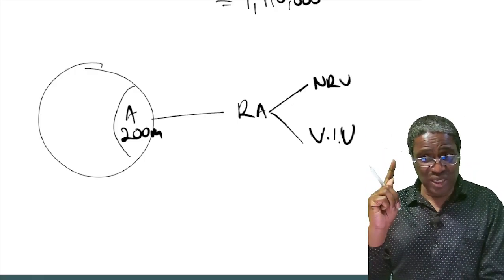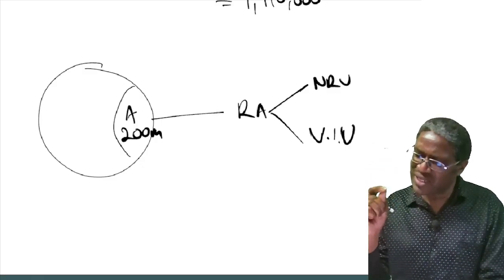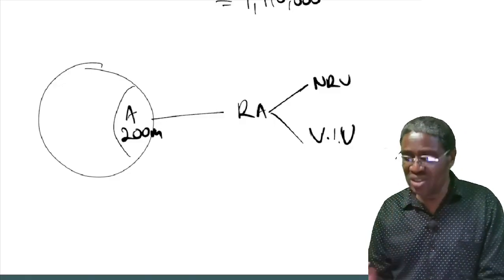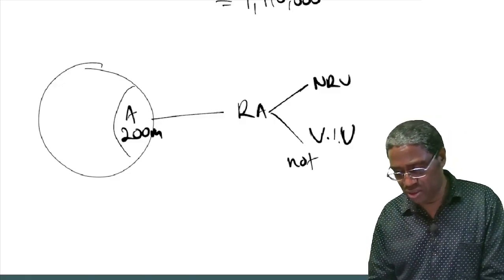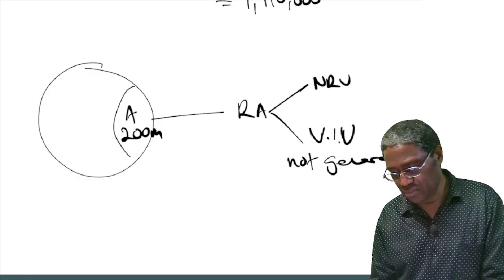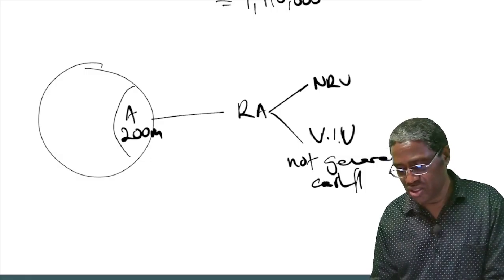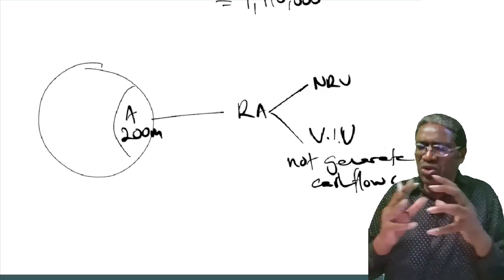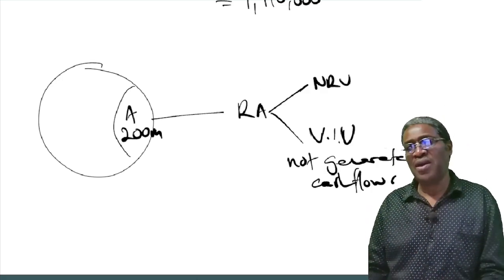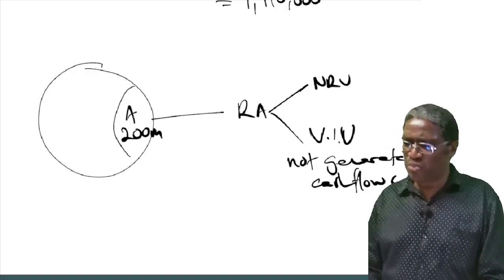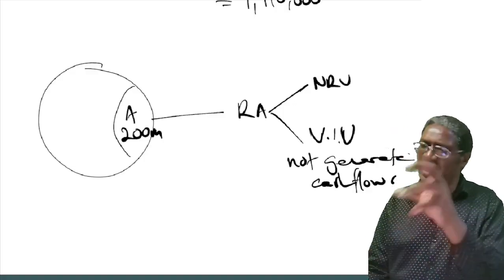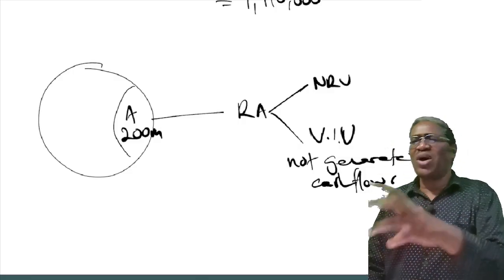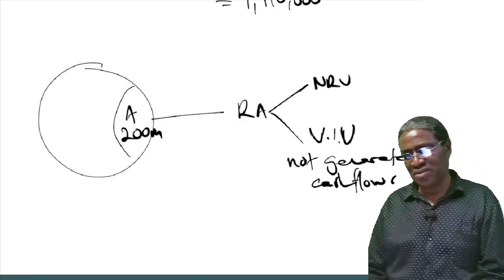Now listen to my concern. Suppose this asset A on its own cannot generate cash flows. Then it is obviously not possible to determine the value in use. And if you don't have the value in use, then you can't determine the recoverable amount.